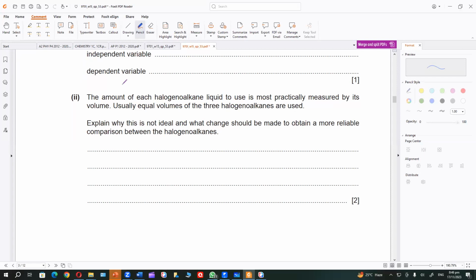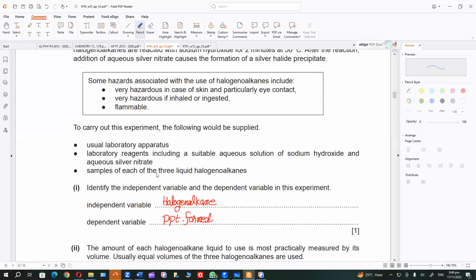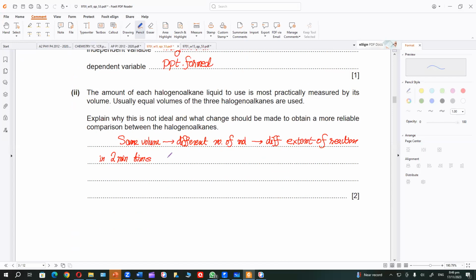So part 2. What if we measure the amount of sodium hydroxide?